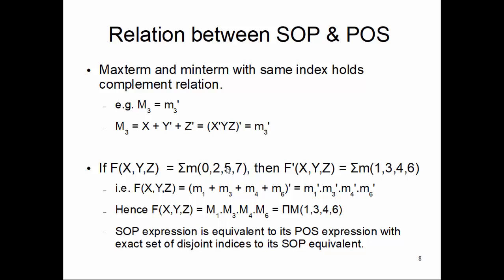And if we know these two disjoint sets of indices, then we can just write it down without thinking anything. This function is nothing but a pi of max terms 1, 3, 4 and 6. We don't even need to know about this relation and derive these and so on.